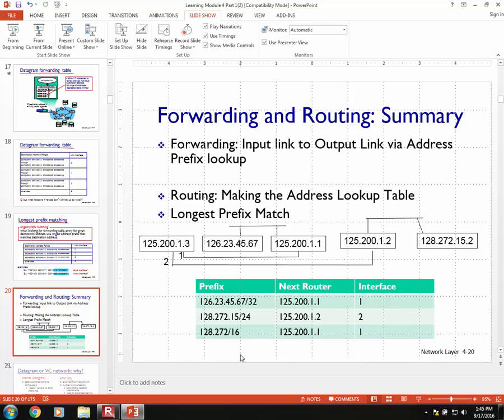So you see an example here where the prefix of these two start off the same, but this is clearly a different subnet than this prefix over here. So these two go to 2 different next hop routers, and therefore they have to go out two different interfaces.